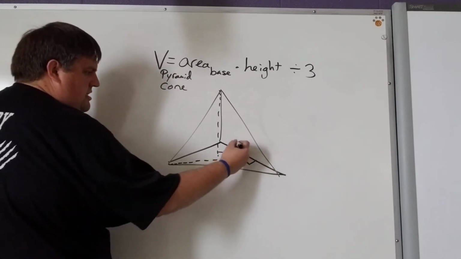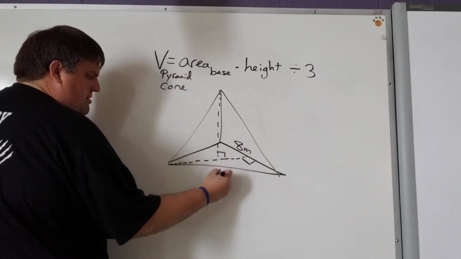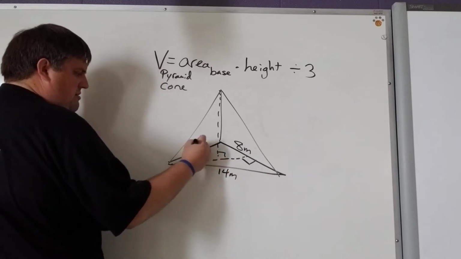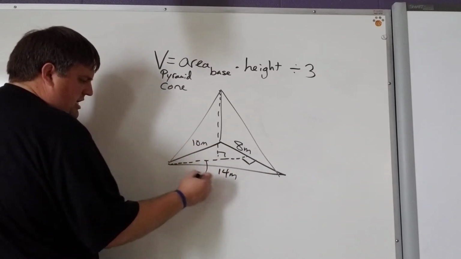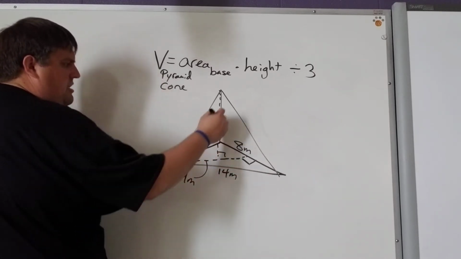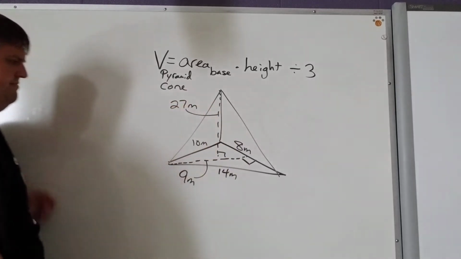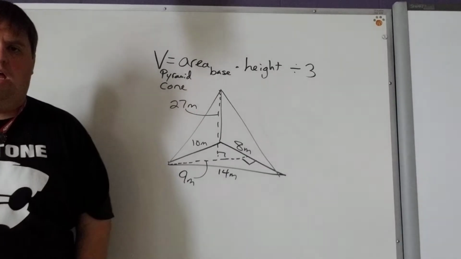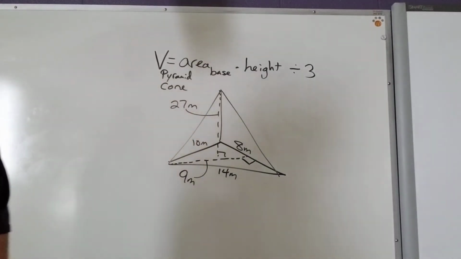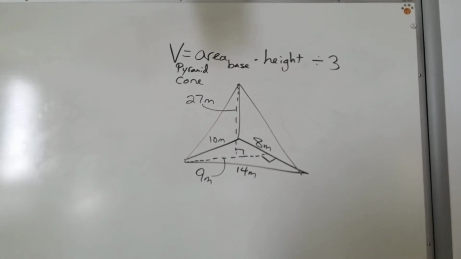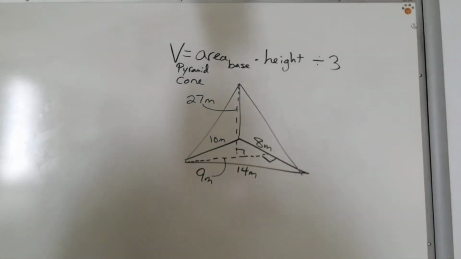And let's say this is 8 meters, 14 meters, 10 meters. This line inside here is 9 meters, and then this one over here is 27 meters. So, as you can see, hopefully you can see, there's a lot going on in this triangular pyramid.